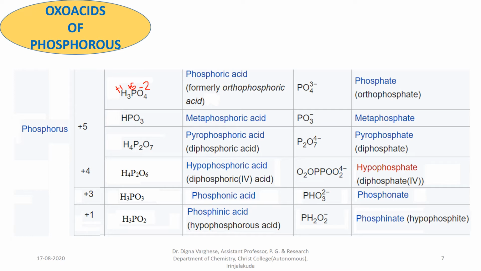In metaphosphoric acid, -2 is the oxidation state of oxygen, +1 is the oxidation state of hydrogen, and +5 is the oxidation state of phosphorus. Pyrophosphoric acid, which is also known as diphosphoric acid, has oxygen with -2 and hydrogen with +1, so -14 +4 is -10, so phosphorus is in the +5 oxidation state.